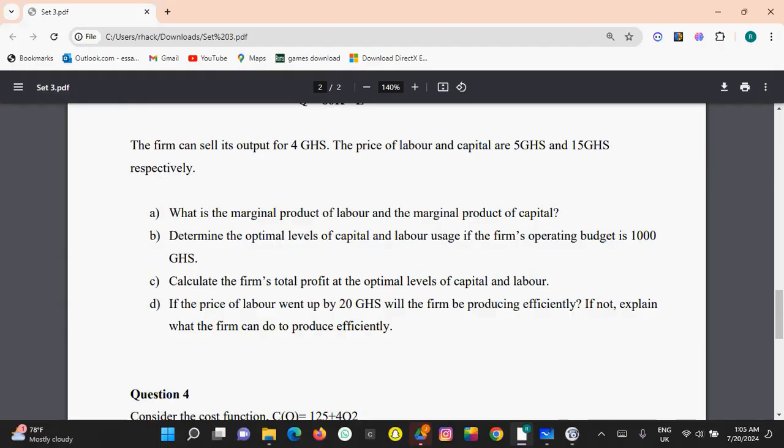Determine the levels of capital and labor using the firm's operating budget of 100. So here, if you want to use Lagrange, your constraint function is going to be your cost function, right? Calculate the firm's total profit at the optimal level of capital and labor. If the price of labor went up by 20, will the firm be producing efficiently? If not, explain what the firm can do.